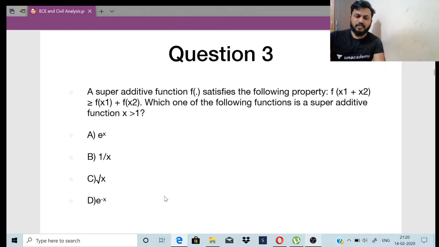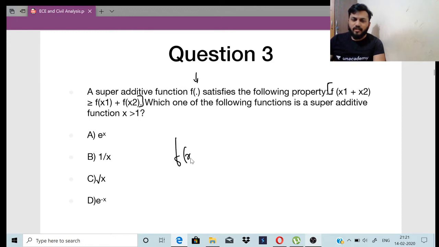Yes. So this is question number 3. A super additive function f satisfies the following property, that is f of x1 plus x2 is greater than or equal to f of x1 plus f of x2.